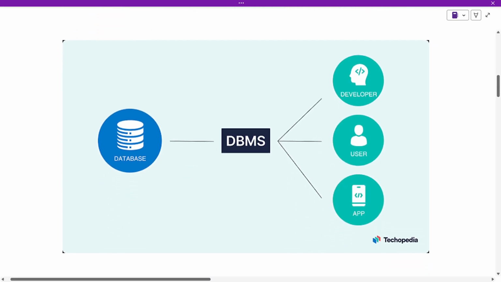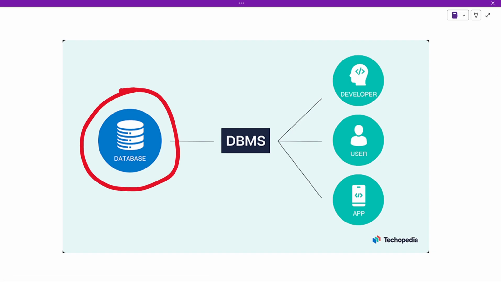So how does DBMS work? We can see in this picture we have a database. A database is nothing but the hard disk that we have seen. But then if a database itself is a hard disk, then why are we calling it a database? I mean, we could just call it a storage device, right?